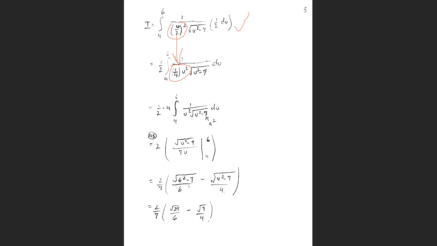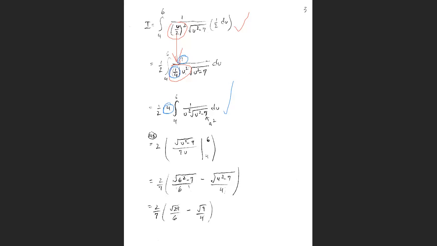And think of 1 over a fourth. 1 divided by a fourth is equal to 4. And so we pull that out of the integral. And now we are good to go.